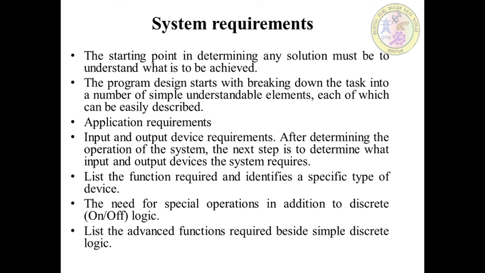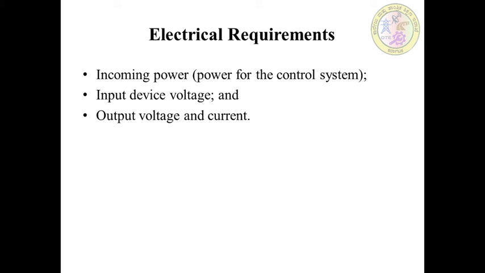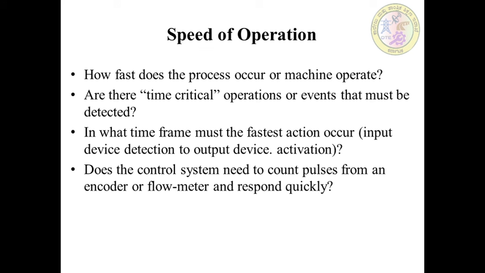List the advanced functions required besides the simple discrete logic, and the different electrical requirements to be fulfilled: incoming power, the power of the control system, input device voltage, and output device voltage and current.